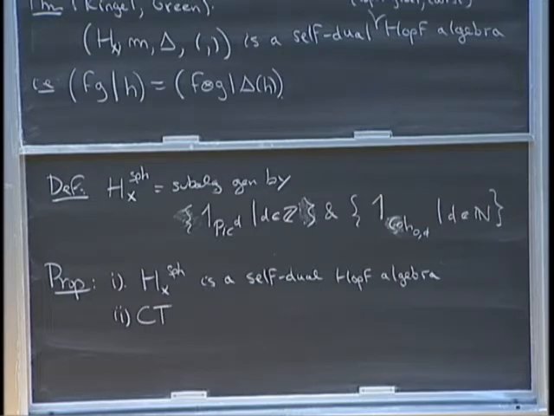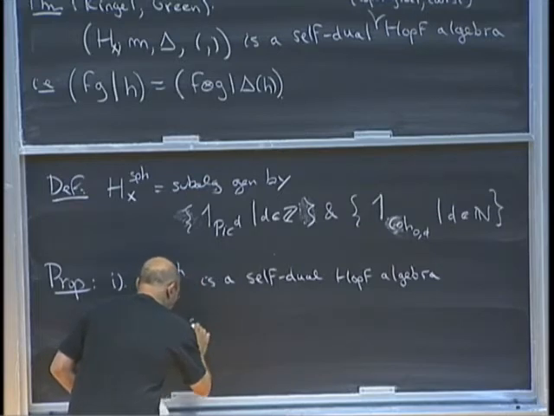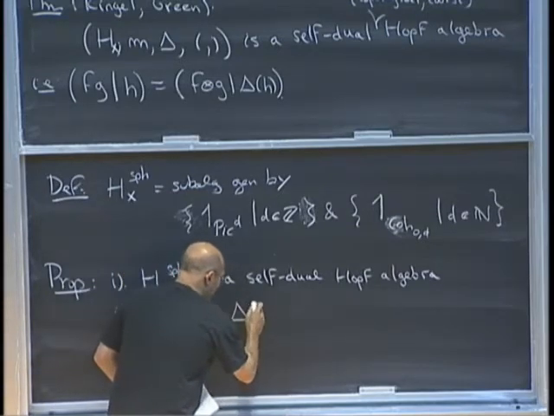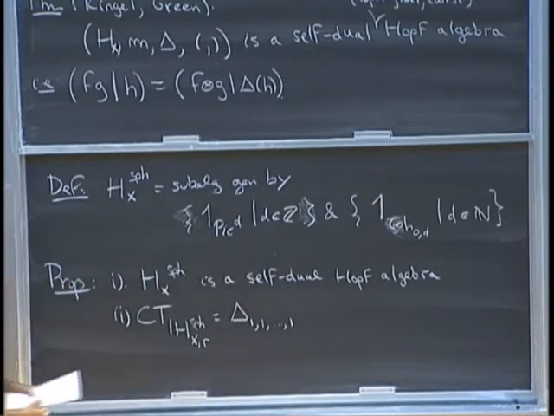And in this language, it means if you restrict it to H, rank r, let's say spherical, you take the coproduct, iterated r times, and you want to land into degrees 1, 1, 1, 1.